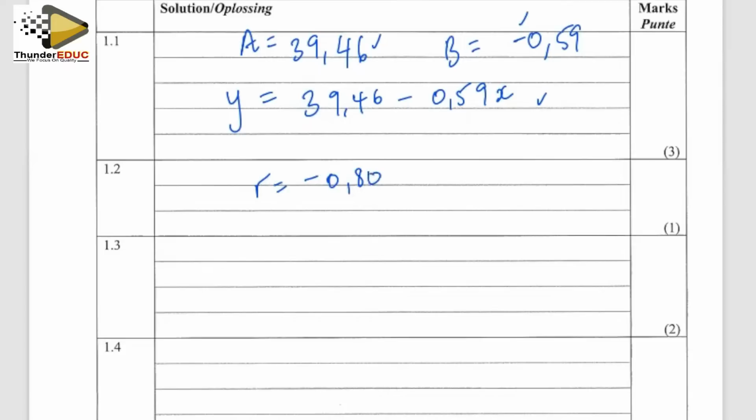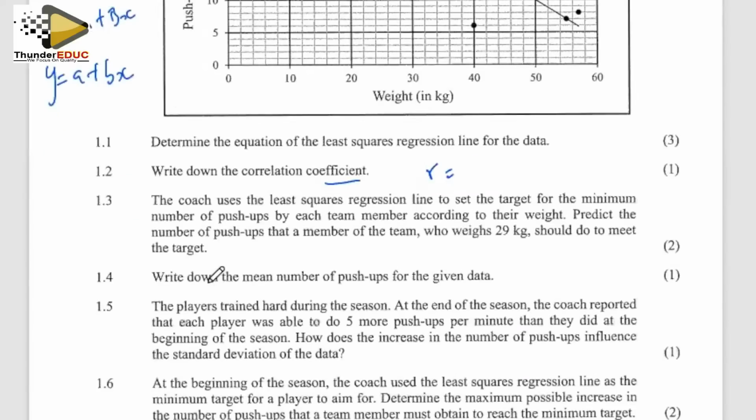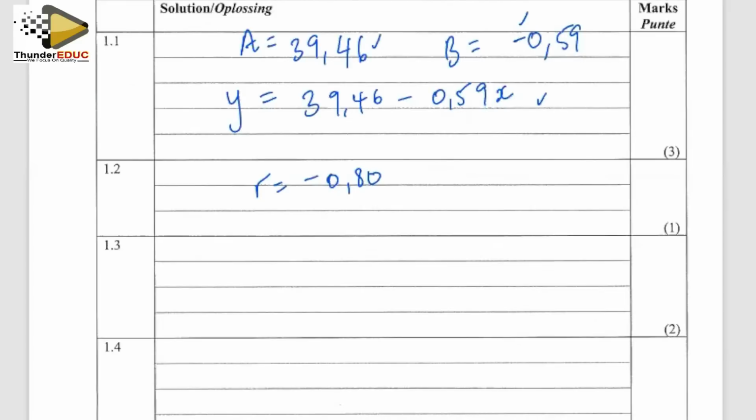Then 1.3, they're telling us that the coach uses the least square regression line to set the target for the minimum number of push-ups by each team member according to their weight. Can we predict the number of push-ups that the member of the team who weighs 29 kilograms should do to meet the target? We've been given the weight, and the weight is representing the X, so we must look for the Y using the regression equation.